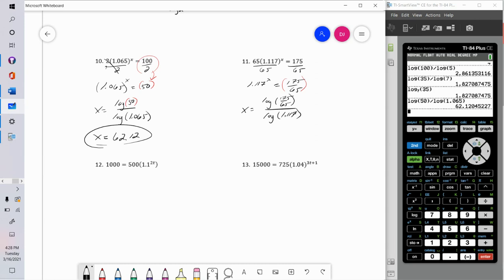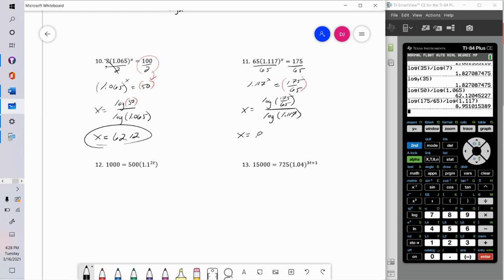See, the reason I like this method better is it just, to me, is more comfortable. I don't need to do as much simplification. So now simply the log of 175 over 65 divided by the log of 1.117.